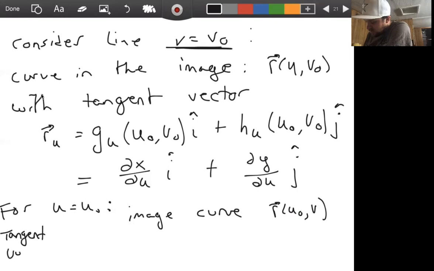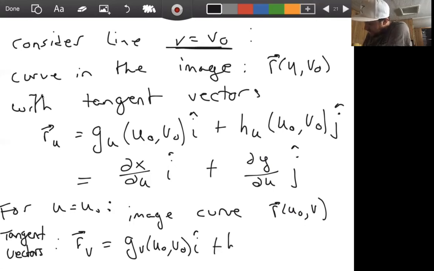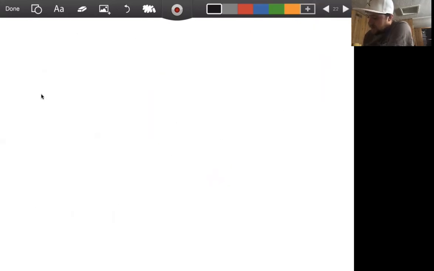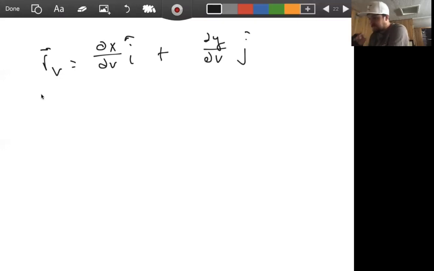Well, the tangent vectors to this curve will be R sub V, which is going to be G of V, U naught, V naught, I hat, plus H of V, U naught, V naught, j hat. And so again, this will give us that r sub v is equal to partial x partial v I hat plus partial y partial v j hat.